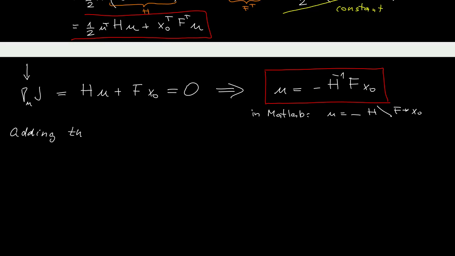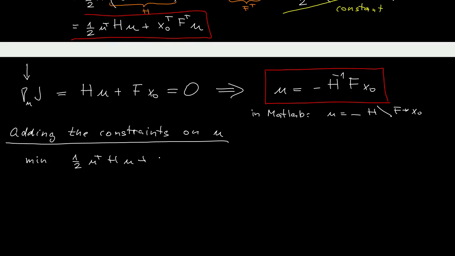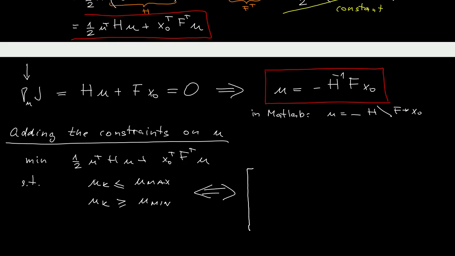Now this was for a situation without constraints, but if there are constraints on the control signal, remember that the control sequence is the variable here, so it's as easy as imposing some constraints on the optimization variable, for instance upper bound and lower bound. These can in fact be reformulated again in the matrix vector form in this way.